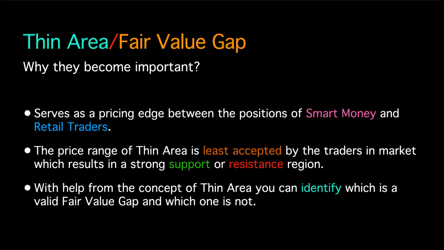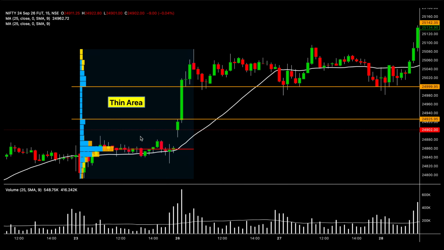The next one we got is that the thin area is the least accepted by the traders, or you can say the institutional traders. So they actually behave as strong supports and resistances. As you can see, the trading activity is very little in this price region.